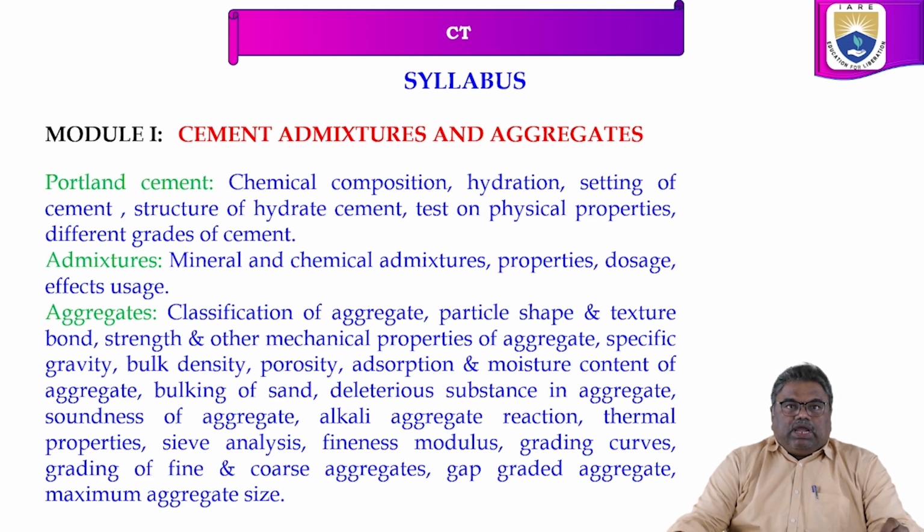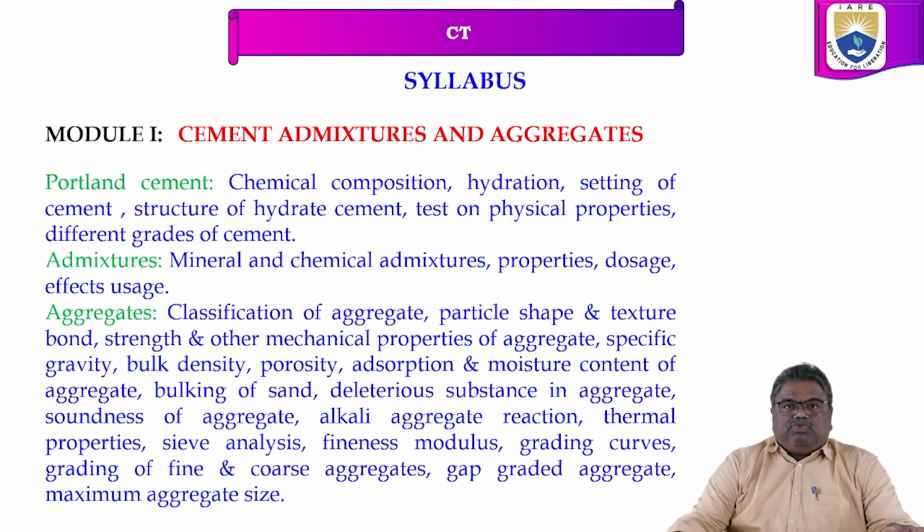And the second one is admixtures. We'll discuss in this module itself. What are the different mineral admixtures we will use in the concrete production, as well as chemical admixtures? What are the properties of those mineral admixtures and chemical admixtures?